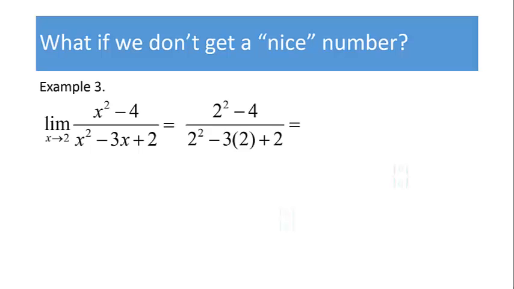When we evaluate, we have 2 squared minus 4 divided by 2 squared minus 3 times 2 plus 2, or 4 minus 4 over 4 minus 6 plus 2. We get 0 divided by 0, which is not a nice number. We use the brackets around 0 over 0 to indicate that this isn't a valid number.